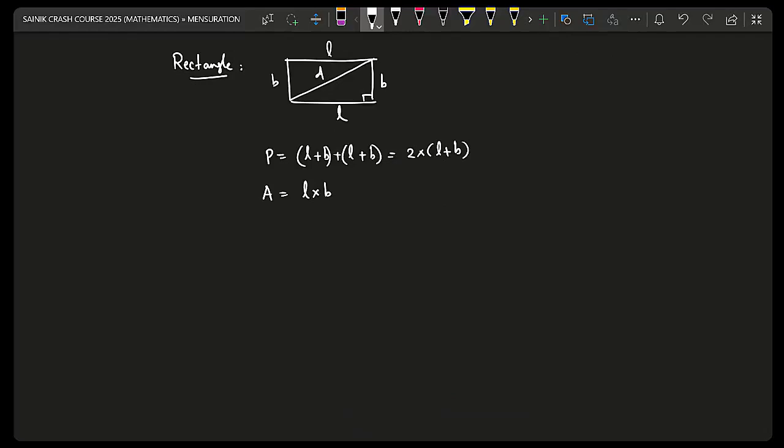Raise your hand if you want to answer. Abhyuday, can you say the answer? What is the relationship between diagonal, length and breadth?